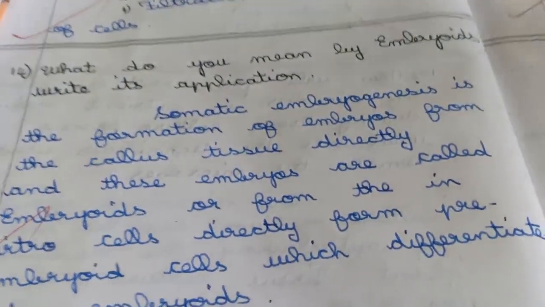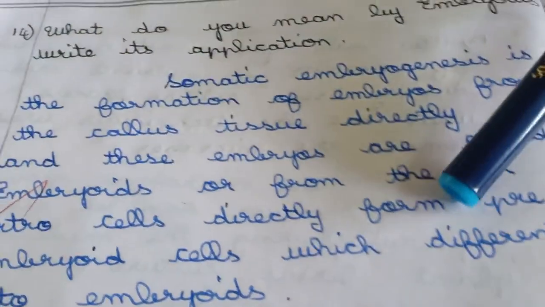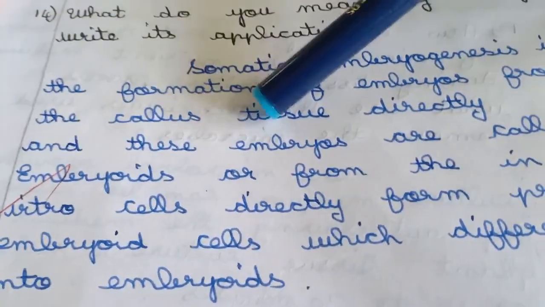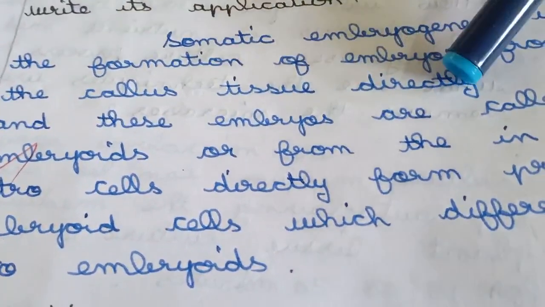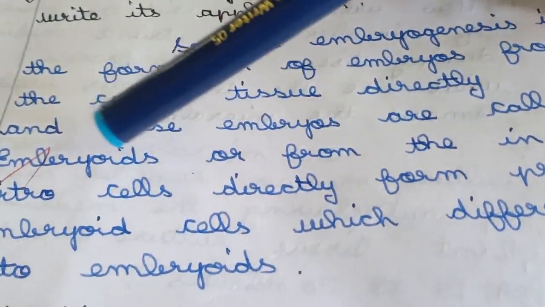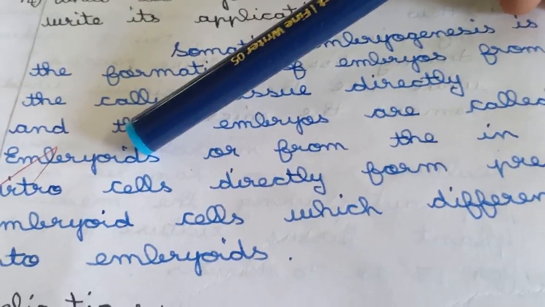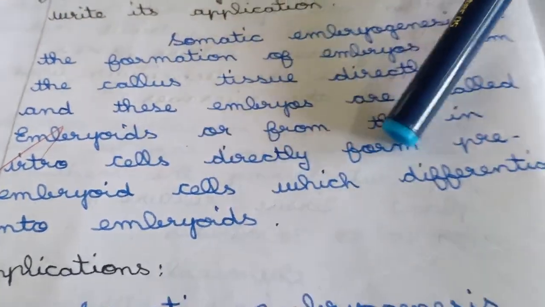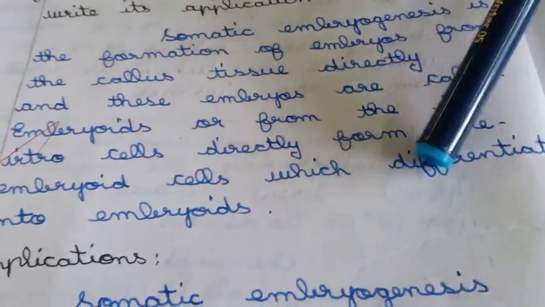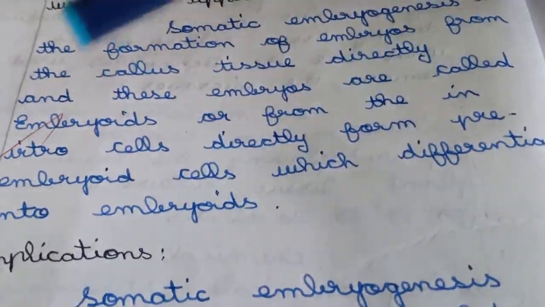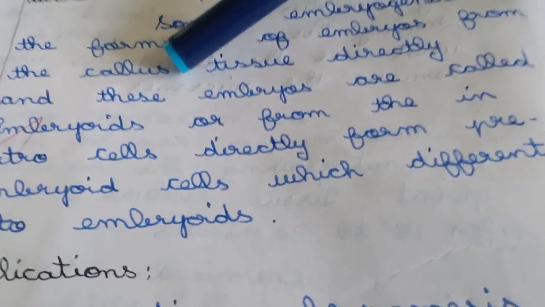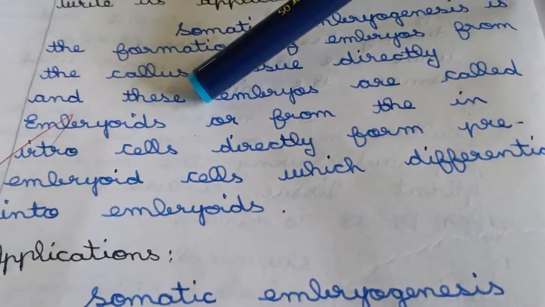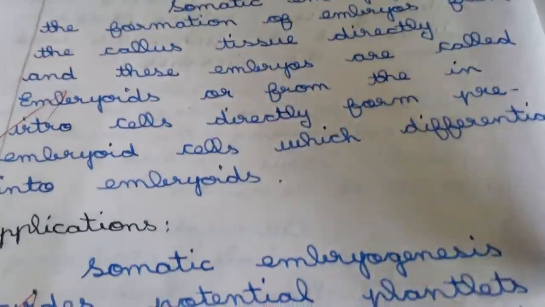Usually embryos are formed after the fertilization process, but here embryos are formed directly from the callus tissue, and such embryos are called embryoids. Okay, is that clear? In vitro cells directly form pre-embryoid cells which are differentiated into embryoids. In vitro means the callus is inside the lab. So embryos formed directly from the callus are called embryoids.